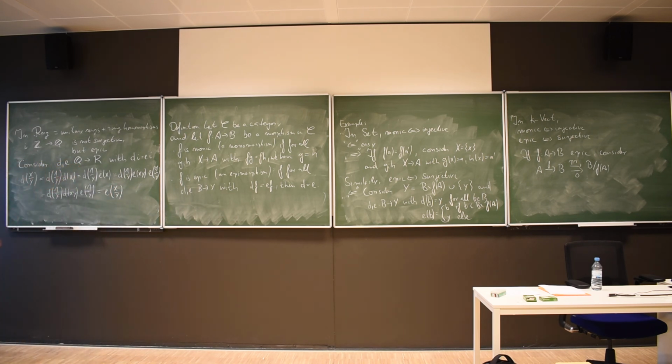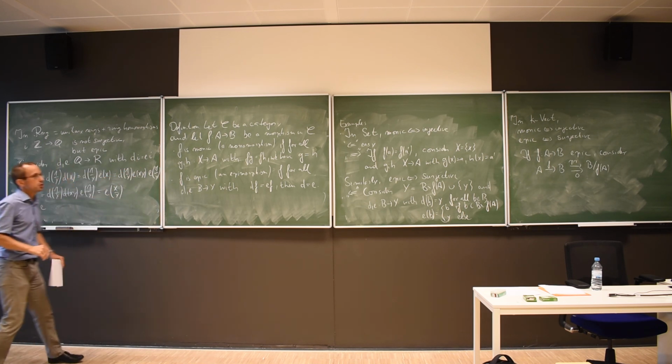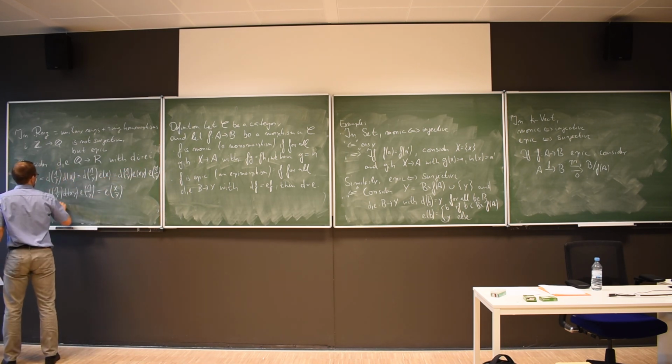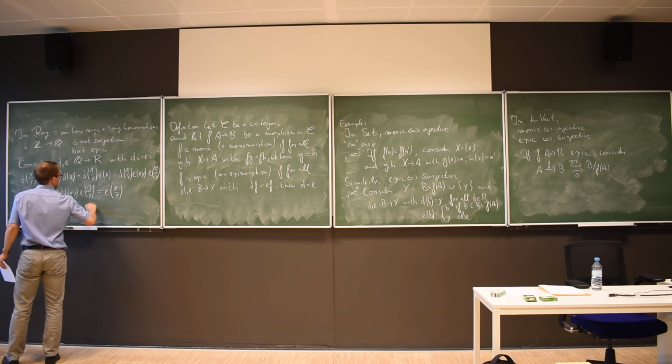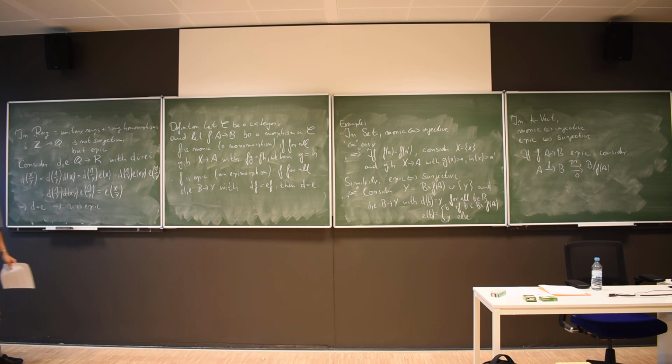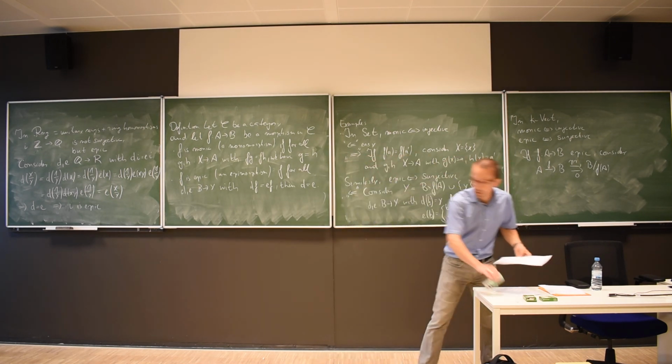And this calculation shows that d equals e under this hypothesis here, and by definition of an epic map, this implies that i is an epimorphism. And it is also not difficult to check that i is monic, so it's a map that is both epic and monic, but that clearly fails to be an isomorphism in the category of rings.